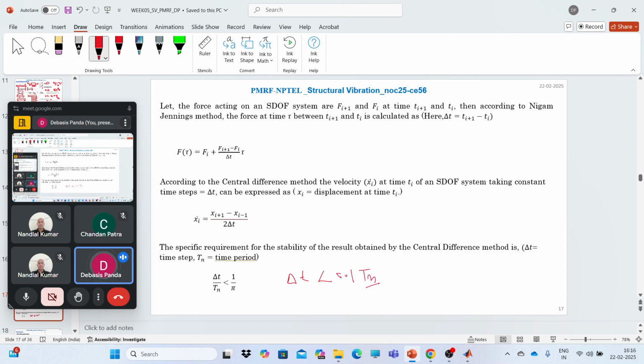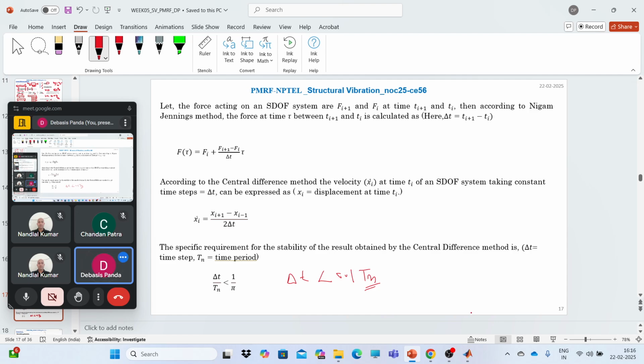That means within that time period, we should have 10 discrete points to get the stable numerical solution. Correct? Okay. So these are the two different numerical techniques using which numerically we can solve any responses, the Nigam Jennings and central difference method.